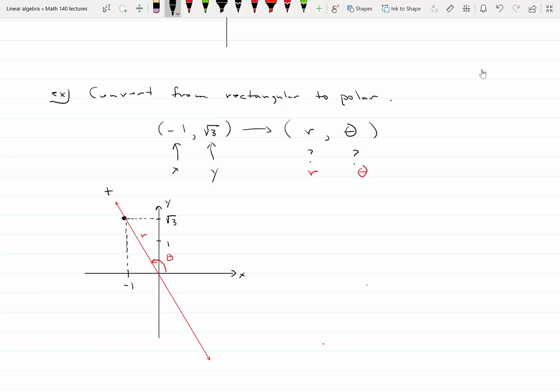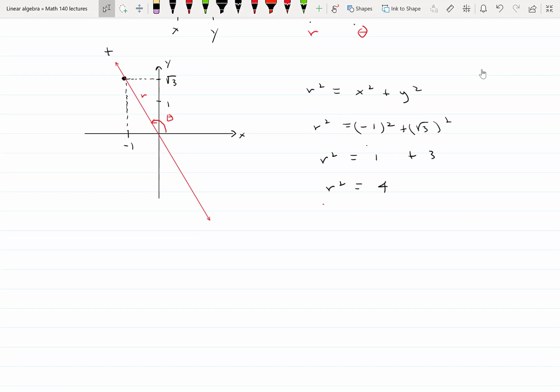R is simple. R squared equals x squared plus y squared. It's very simple. R squared equals (-1) squared plus radical 3 squared. So R squared equals 1 plus radical 3 squared, which is 3. So R squared equals 4. Now you could take the positive or negative square root, but be easy on yourself.